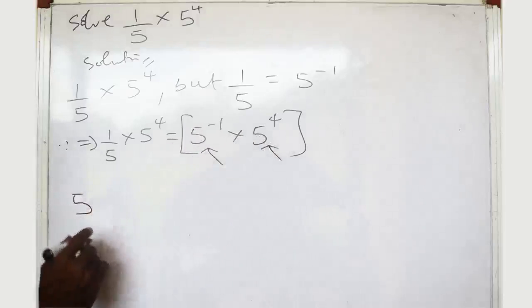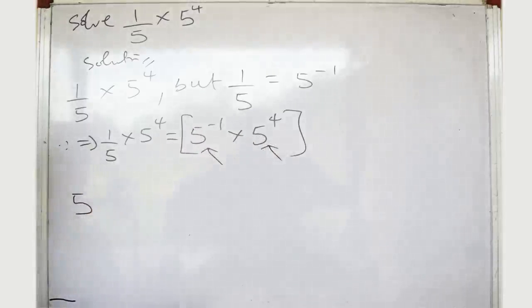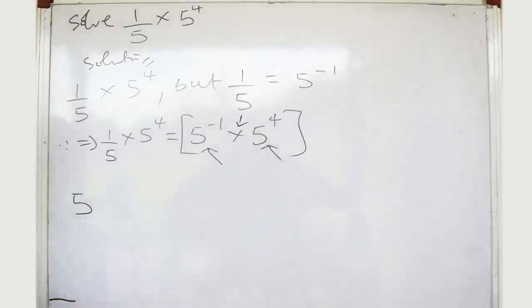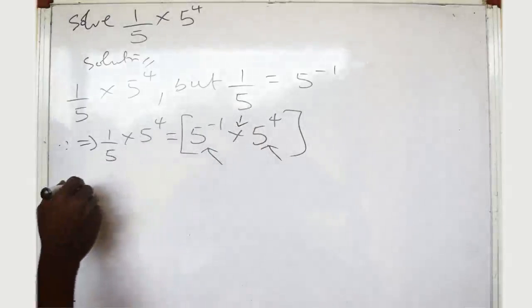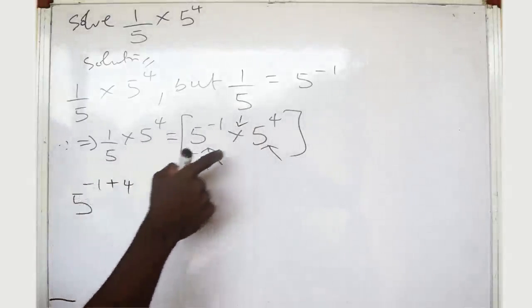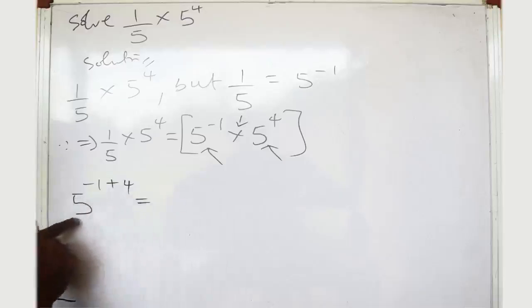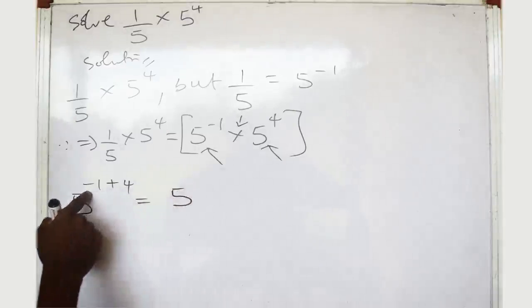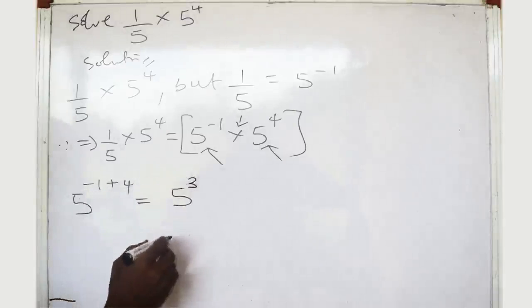So we drop one base, and since we have multiplication here, in indices multiplication means addition of the powers. And what are the powers? We have minus 1 plus 4. So this means 5 raised to the power minus 1 plus 4. Minus 1 plus 4 will give you 3.